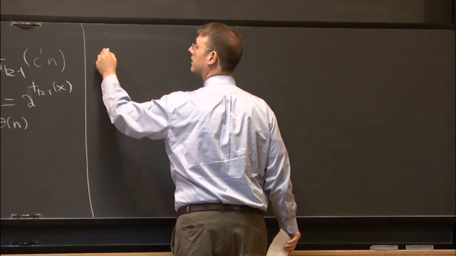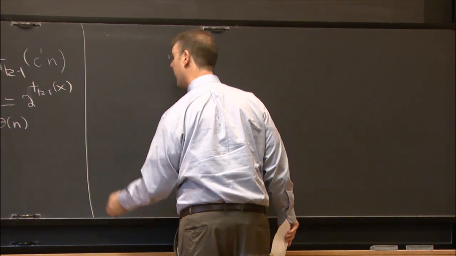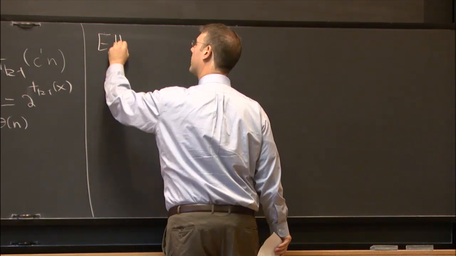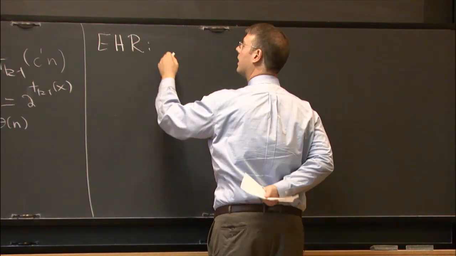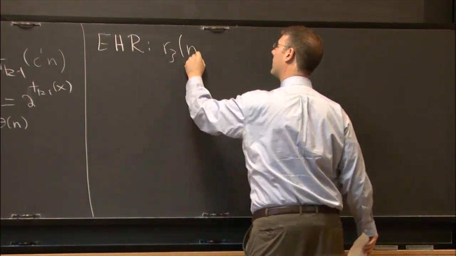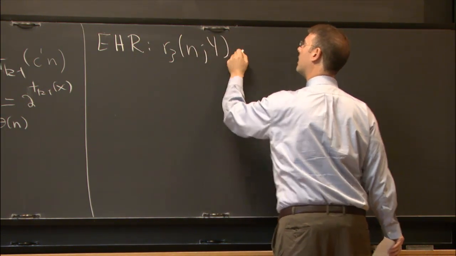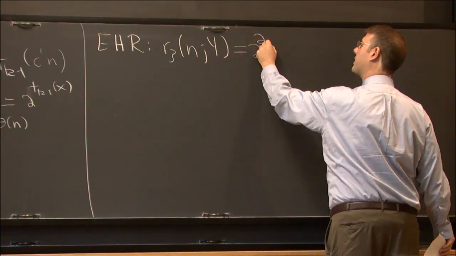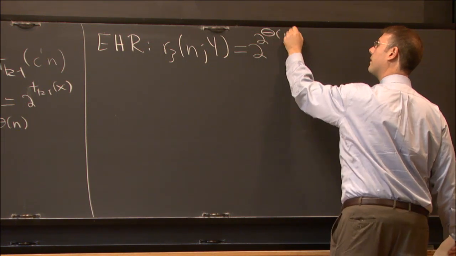So this is Erdős, Hajnal, and Rado: R3 of n, 4 colors, is double exponential in n.